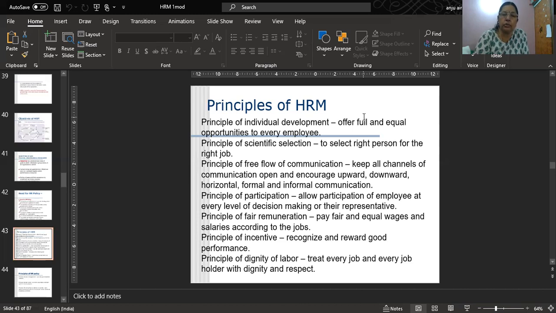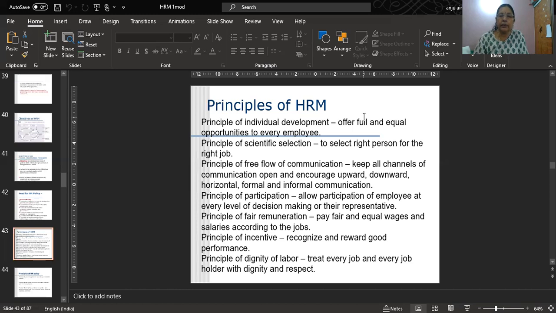Usually, the bosses don't know what gossip is happening in their offices. This kind of informal communication is known as grapevine communication. So, there should be a free flow of communication between management and employees.